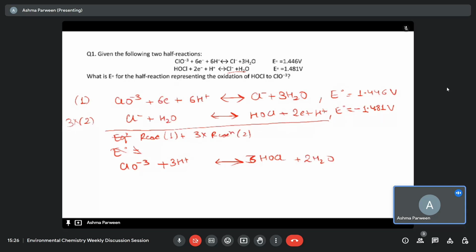There will be no H2O because 3H2O and 3H2O will cancel out. Okay, now the reaction is balanced. Also, Cl minus plus 3Cl minus, we will have 2Cl minus on the reactant side. So 2 plus 1, 3 Cl and 3 Cl, 1 oxygen, 3H plus and 3H plus. Also the charge, plus 3 minus 2, that will be plus 1. The charge is not balanced. I don't know why.